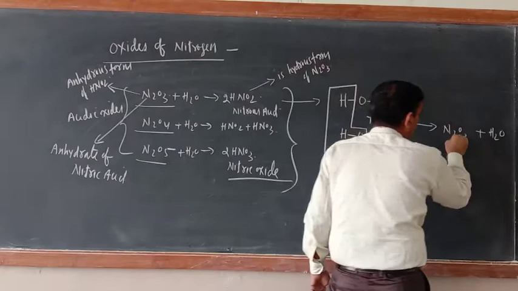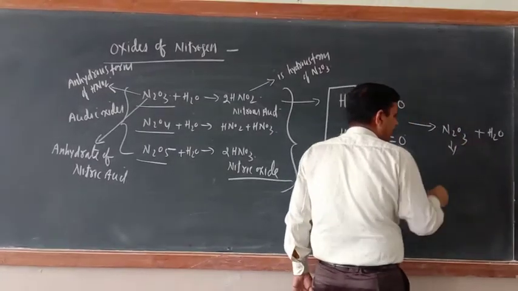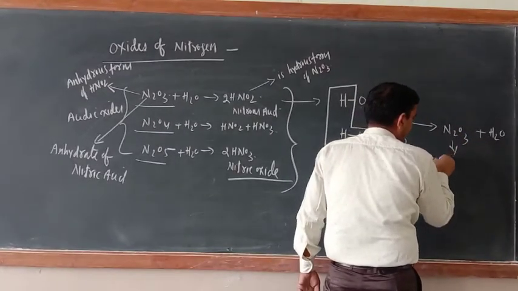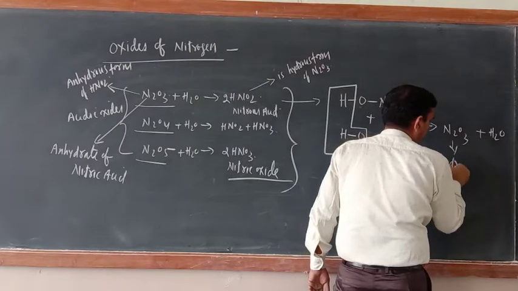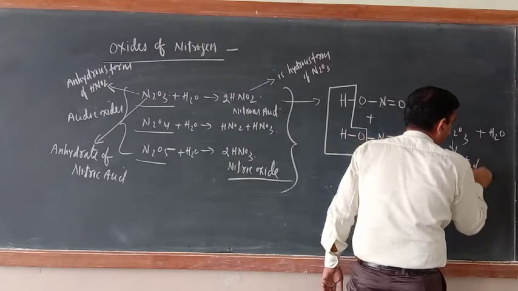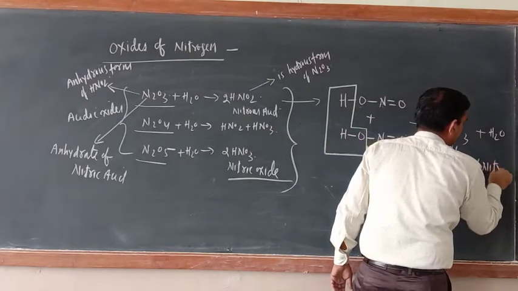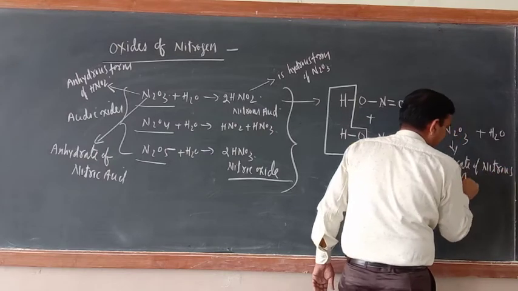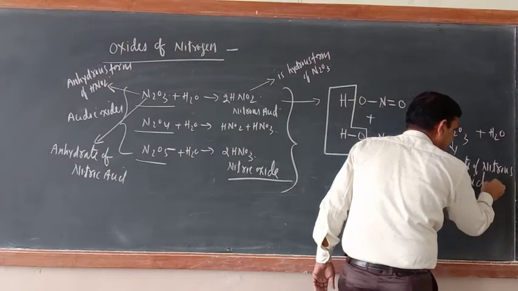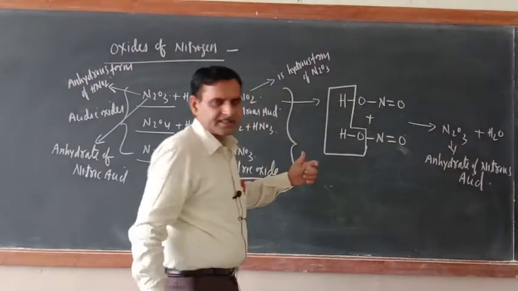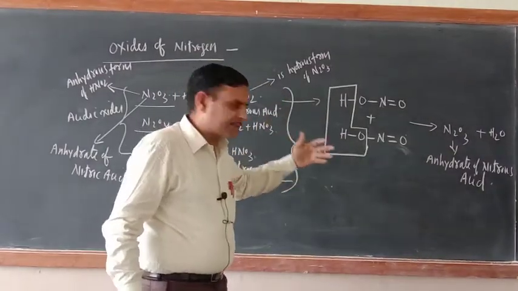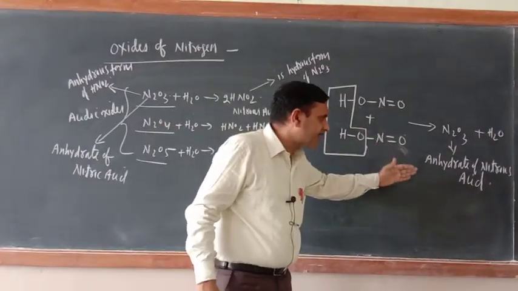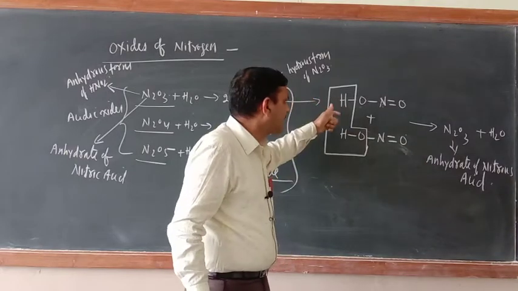See, NNOOO, N2O3. So what is N2O3? This is known as anhydrate of nitrous acid. So I did not just write here why it is called anhydrate of nitrous acid. I have shown you.